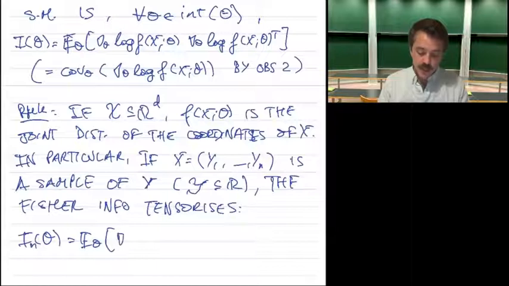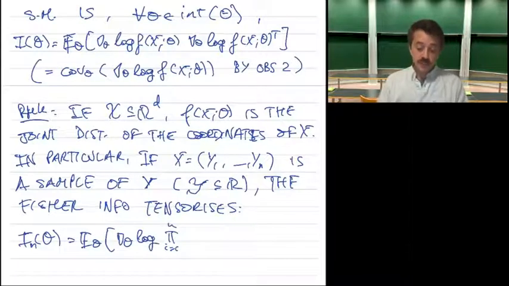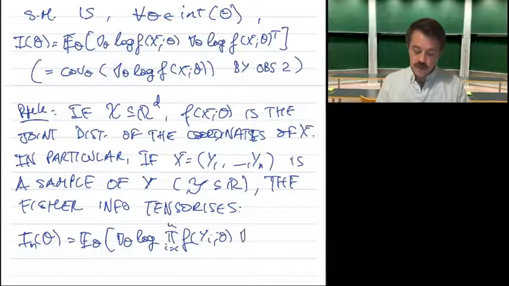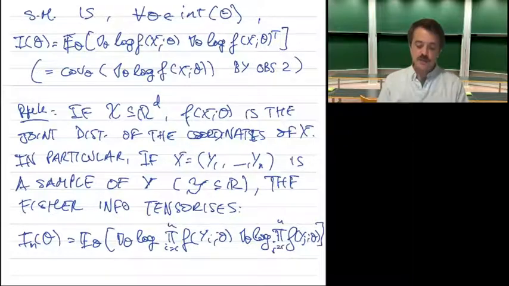And we get the following: the log, and now we're going to plug in the joint distribution, which is in this case just a product of f of y_i and theta, times the gradient of log f, so we need a product from j equals 1 to n of f of y_j and theta.